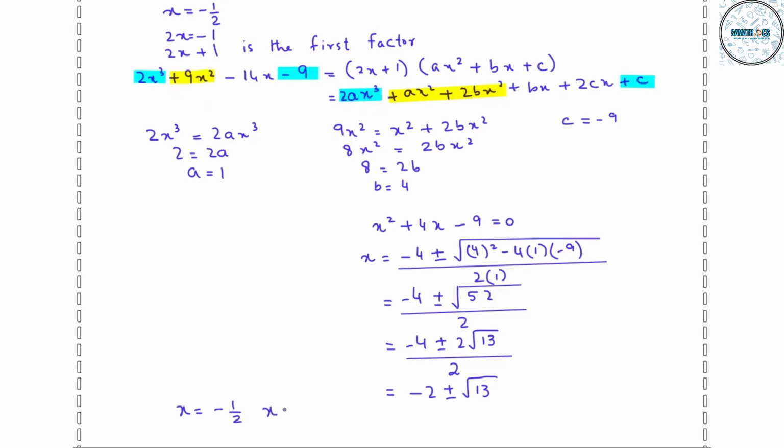The other two values are x is equal to minus 2 plus under root 13 and x is equal to minus 2 minus under root 13. So these are the roots of the cubic equation. In the question, it was given to express roots in the form a plus minus b under root c. So we have got the answer in the same form.